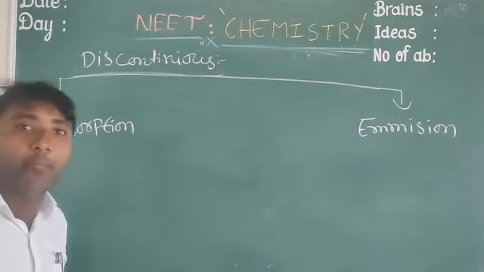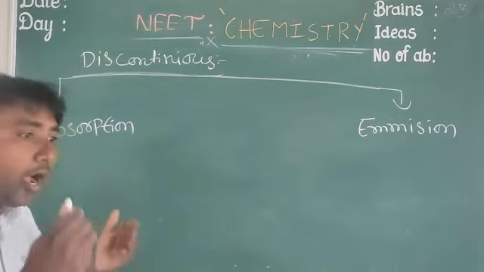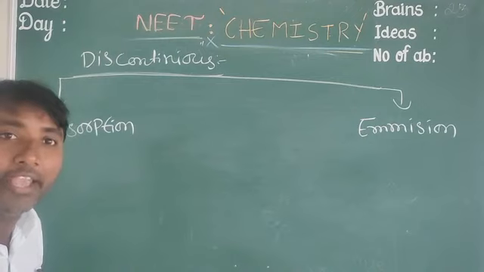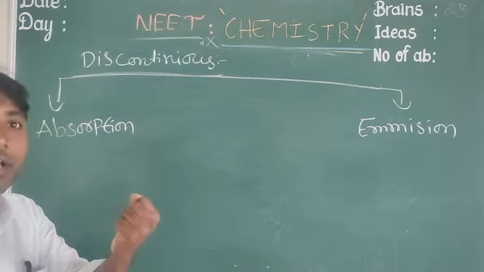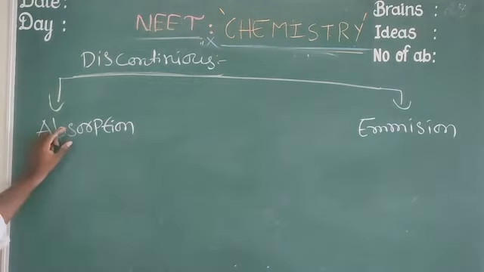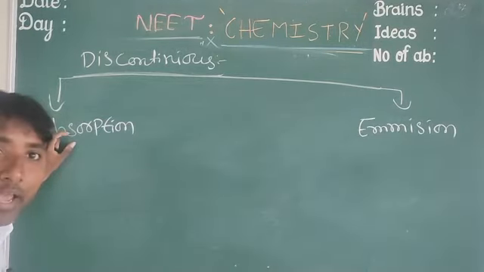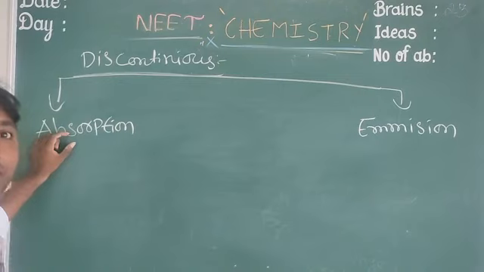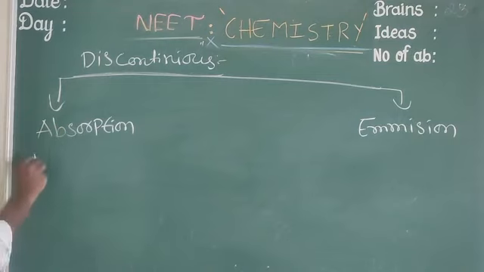This spectrum is produced by absorption of radiation energy. Absorb means accepting. So this spectrum is produced by absorption of radiation energy. That is called absorption spectrum. Here is an important point.